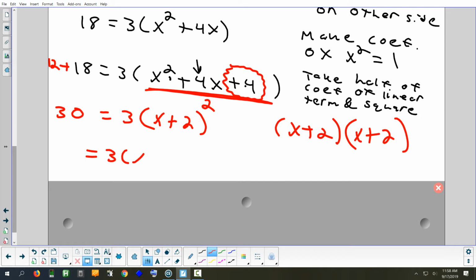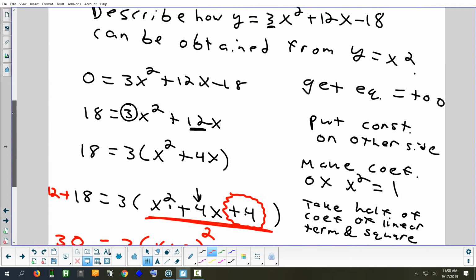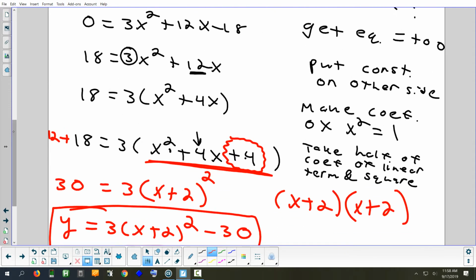So 3 times (x plus 2) squared, now minus the 30 back to the other side. And there is your equation in a form that now we can figure out stretching and shifting and all that stuff. So that's how you complete the square.